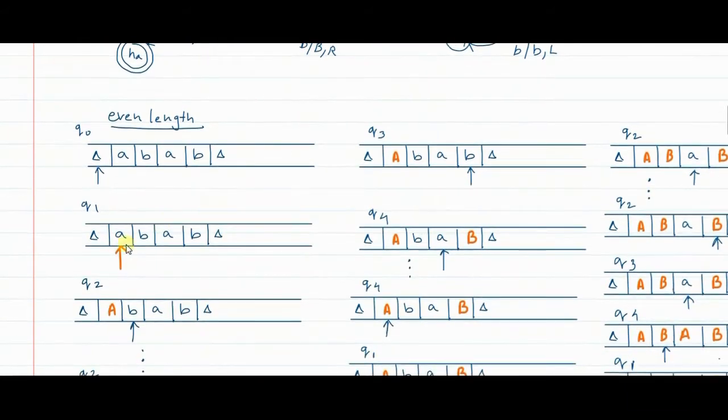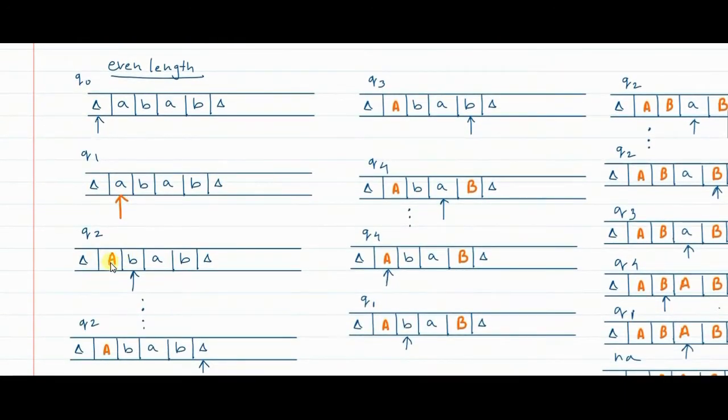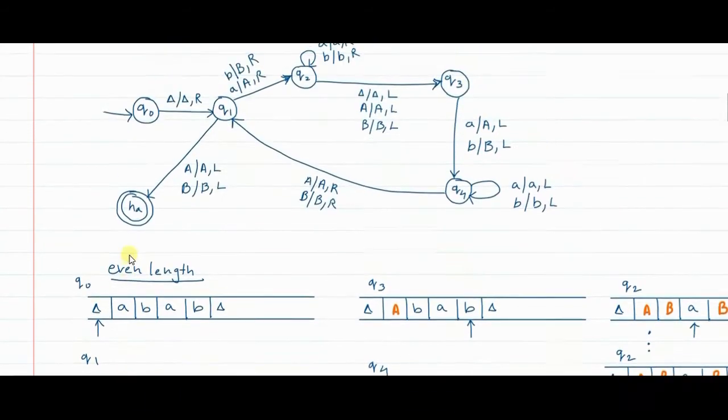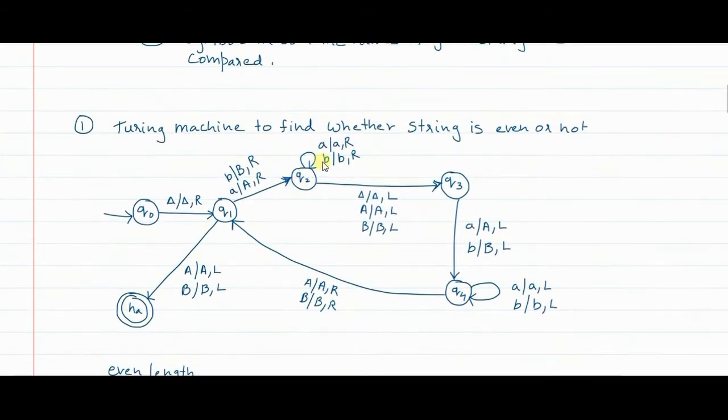Agreed? Now in the Q2 state, the pointer is pointing to b. In Q2, when b is encountered, we replace b with itself and the pointer moves right. What Q2 basically does is ignore all the a's and b's that come on the way, and go on moving to the right till the end of the string is reached.